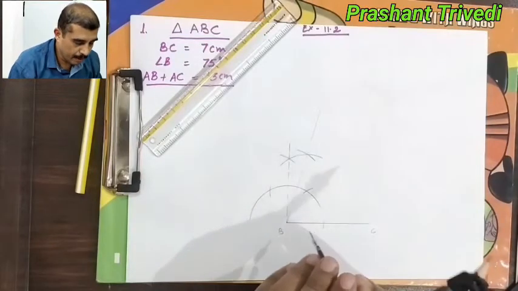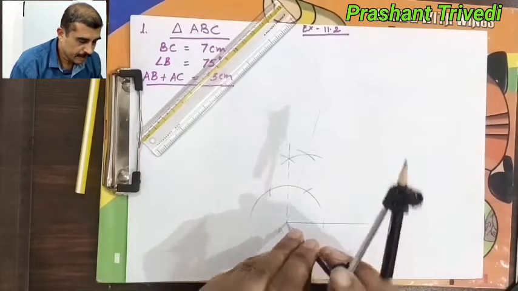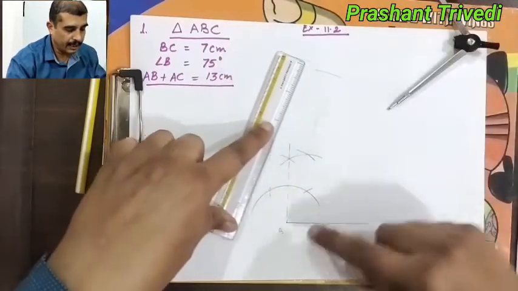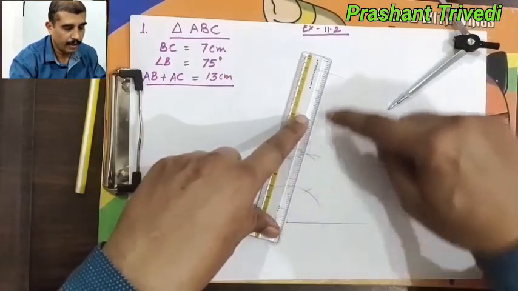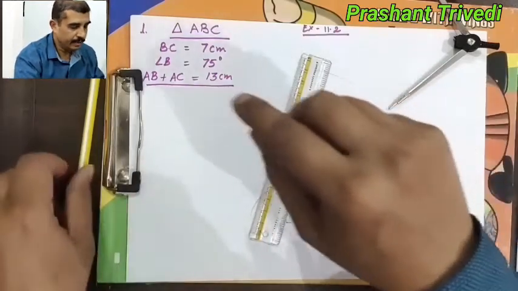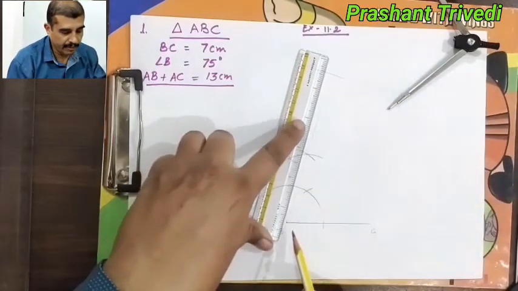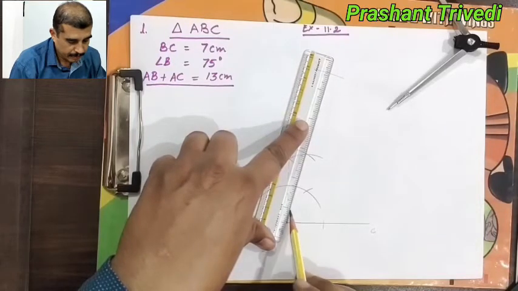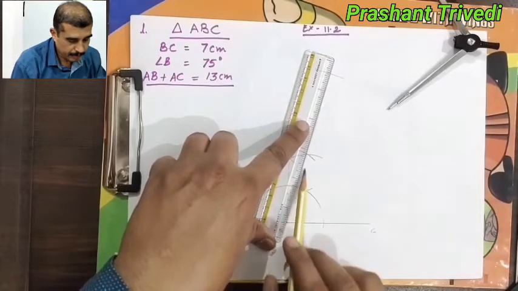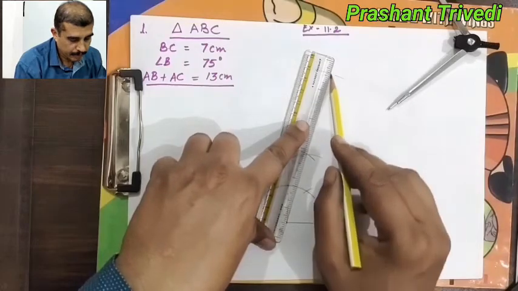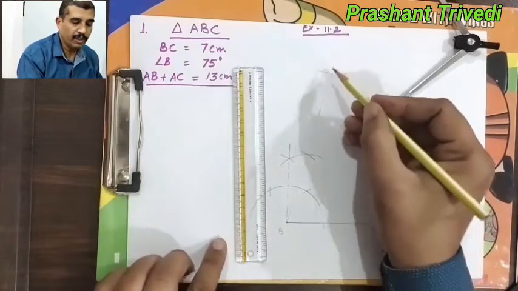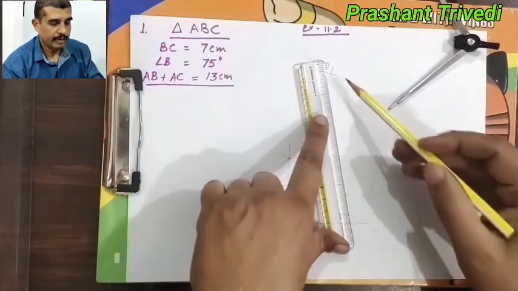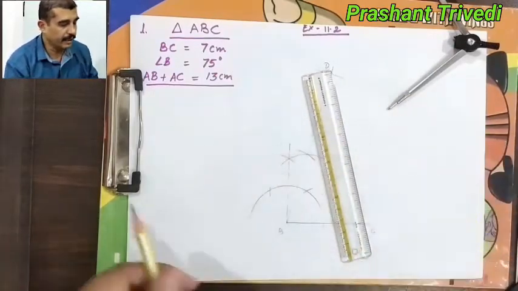Then from B, arc 13 cm, extending from B to D on the same 75 degree line. The point of intersection is point D. Joining C and D.